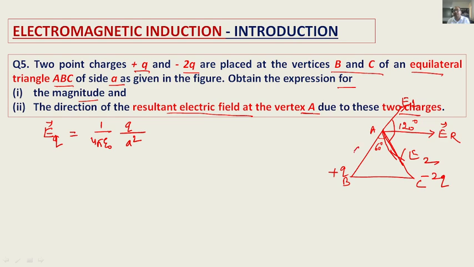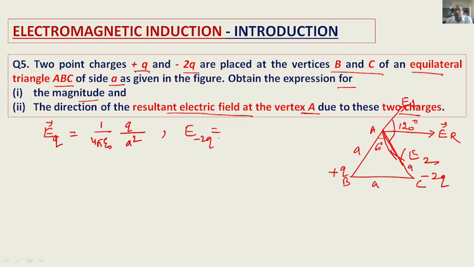Because the side given of equilateral triangle is a, so a square. Then second one, E minus 2Q, we are taking magnitude.